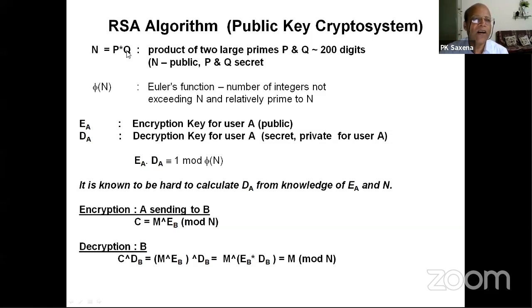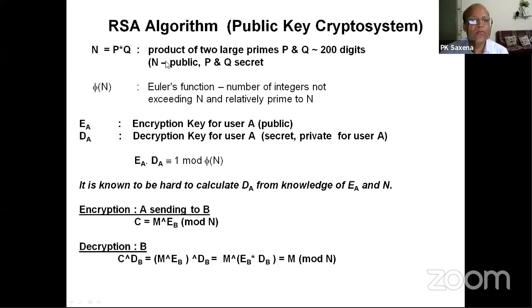These are large primes, and it is well known that if the size of n is very large, then finding P and Q given n is a very hard problem, whereas multiplying P and Q and getting n is easy.